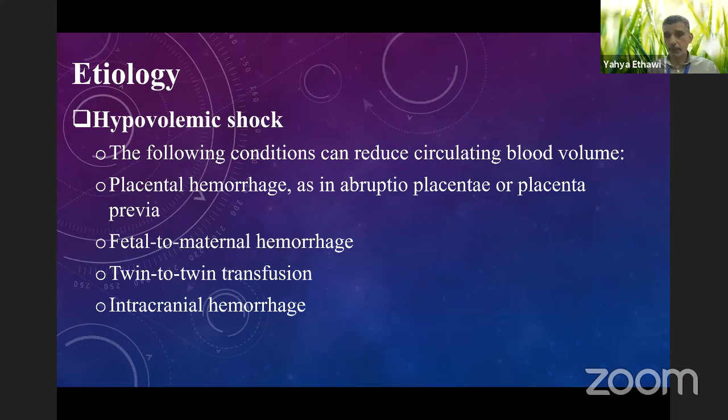such as bleeding before and during delivery from abruptio placentae or placenta previa, or bleeding from the baby to the mother, or twin transfusion, or we're losing blood inside important structures such as intracranial, or sometimes bleeding outside, such as breaking or damaging the catheter, or bleeding around the catheter, such as the umbilicus.